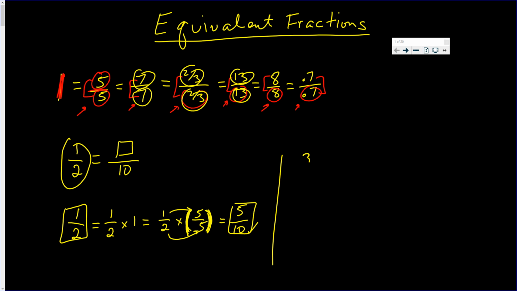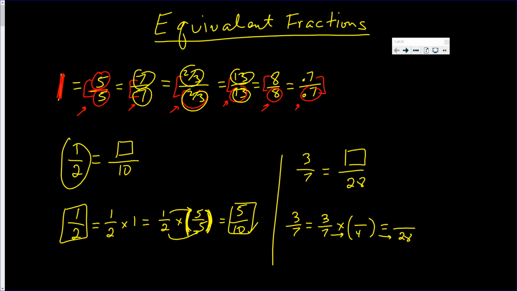If you have 3 over 7 and you want to write it down as some number over 28, you want to change the way 3 over 7 looks. So you take 3 over 7 times 1. And I want to end up with a 28 on the bottom. So it should be a fraction. 7 times 4 gives you 28.